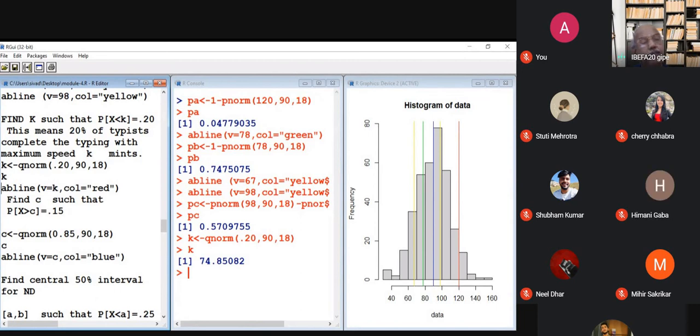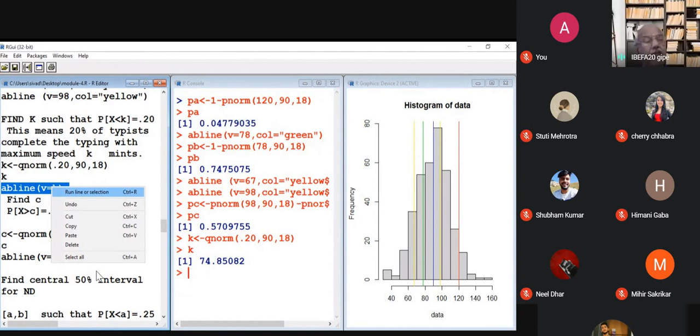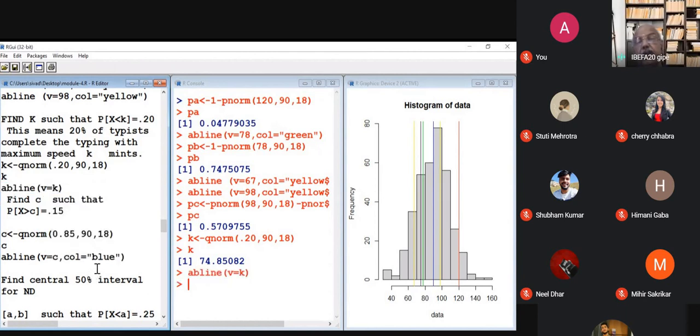Q norm. So the K value will be shown on the graph with a black line. See, that is K.